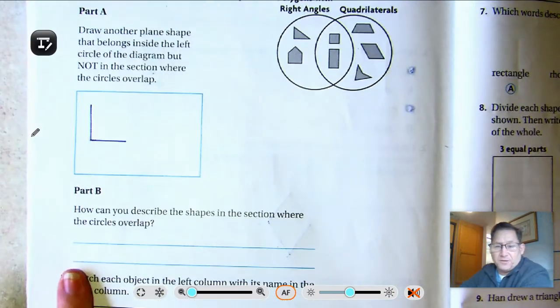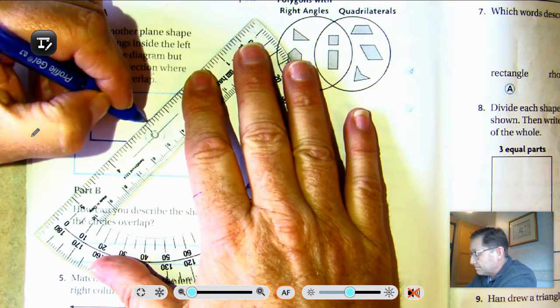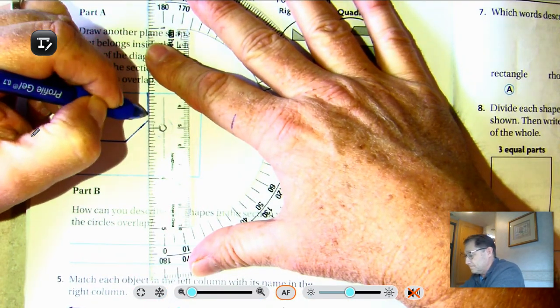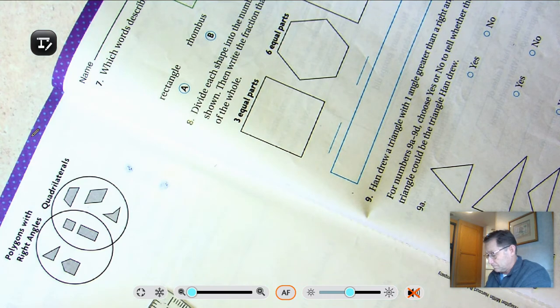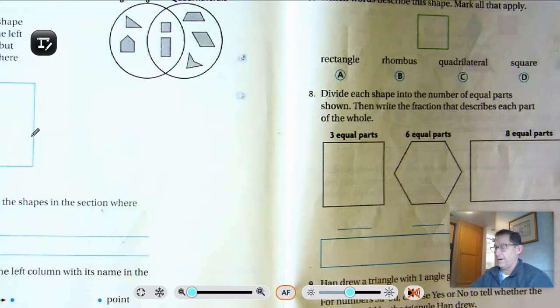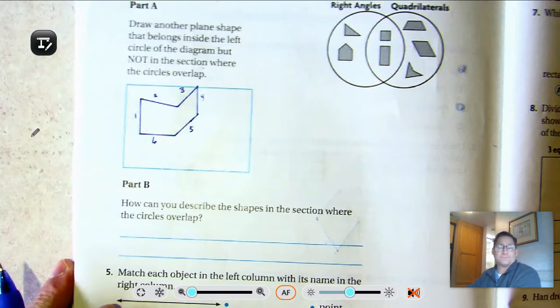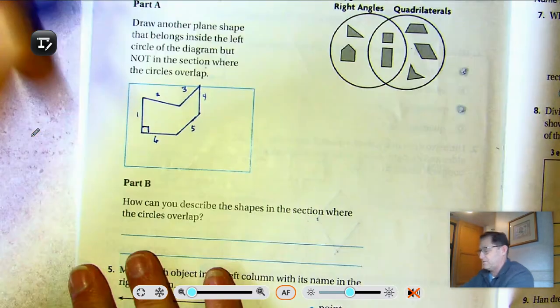Now I can have as many other lines as I need, as long as none of them curve and it is more than 4. All right. So we have 1, 2, 3, 4, 5, 6. So I have 6 sides, and I know at least one of my corners is a right angle.